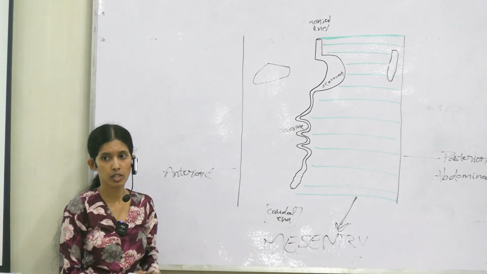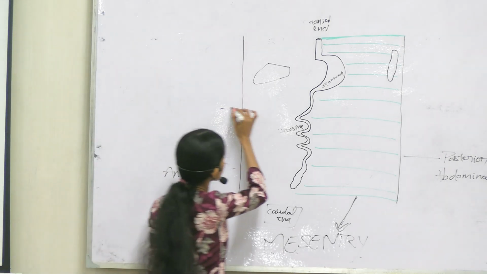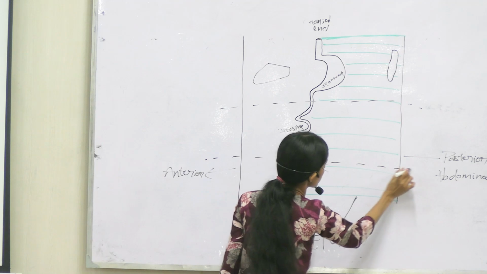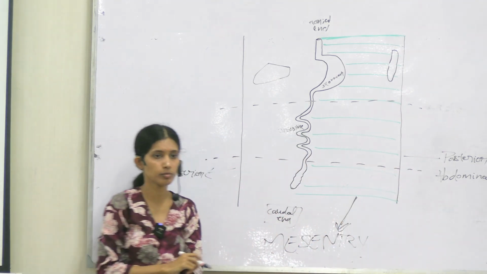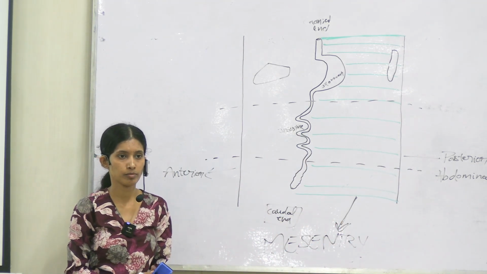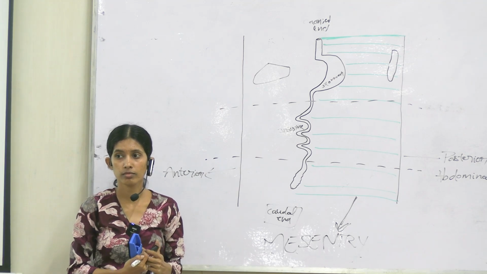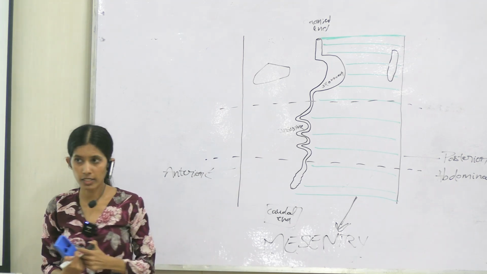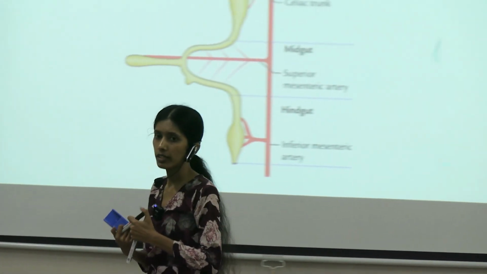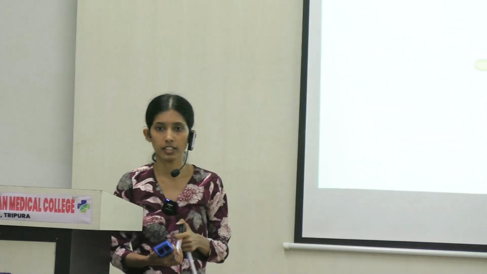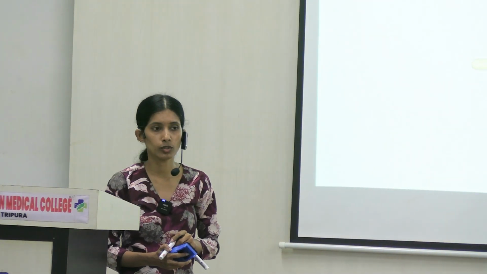Okay. So now the mesentery at different levels will be called by different names. Any idea? The mesentery present in different regions, that is in the stomach part, in the intestinal part, and also in the caudal end region, is called by different names. What are those?